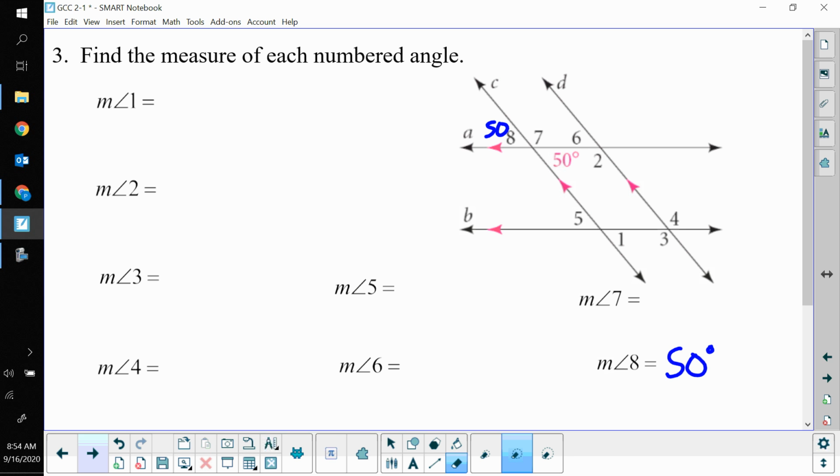Angles on a line add to 180. So we know that 50 plus angle 7 has to equal 180. And if we subtract the 50 over, that tells us that angle 7 is just 130. So angle 7 is 130 degrees.